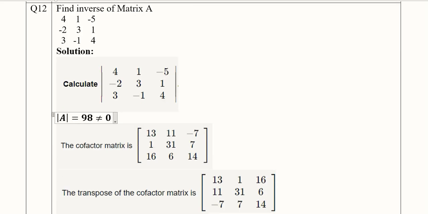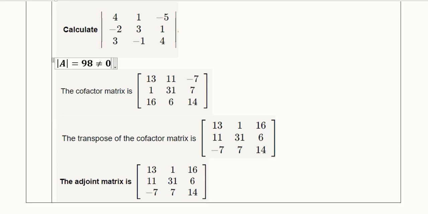Now the cofactor matrix is this. You can pause the video and refer to that video in which I have explained the process of finding the cofactors, and you will get to know how these cofactors are calculated. Then we take the transpose of this matrix of cofactors, and it will become this, evidently, because this is going to give us the adjoint of the given matrix.